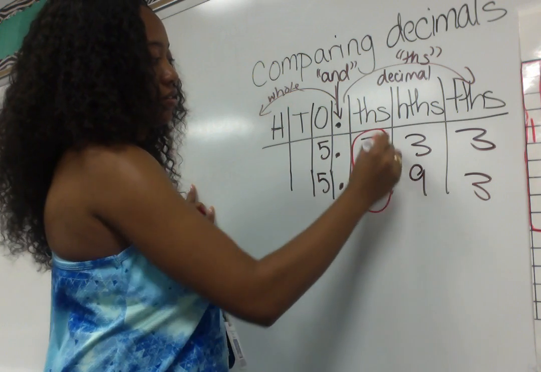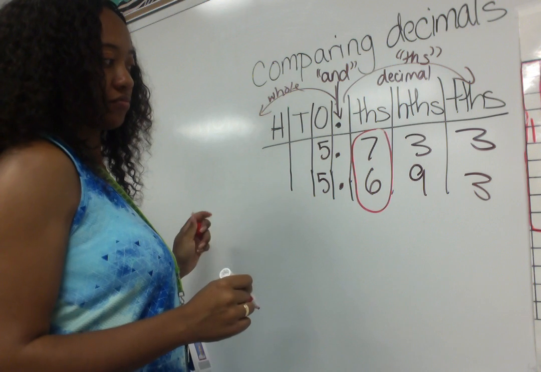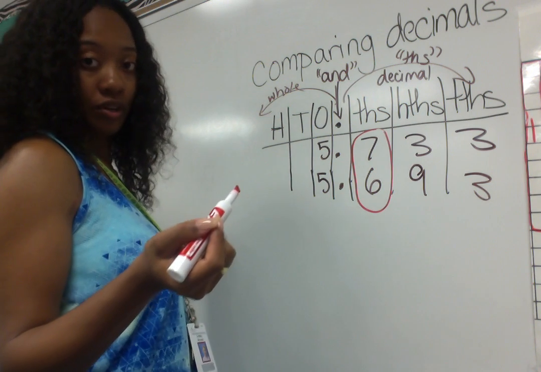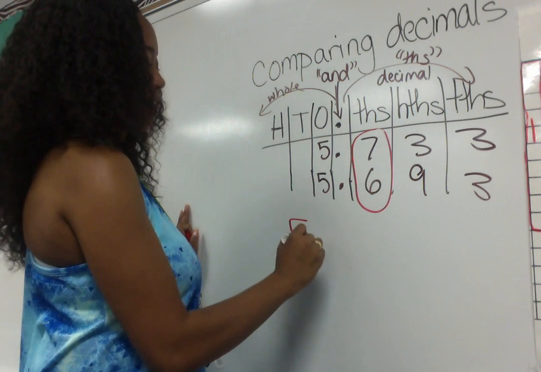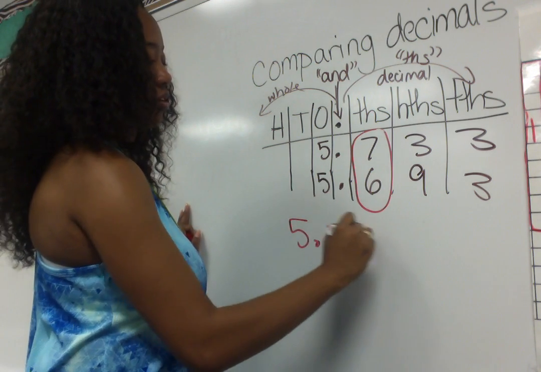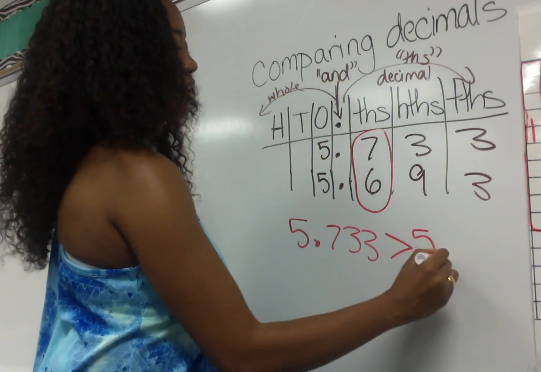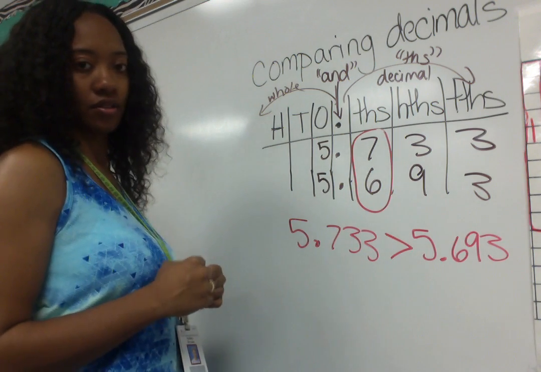I have a 7 and a 6. Who's the greater number? 7. So that tells me 5 and 733 thousandths is greater than 5 and 693 thousandths.